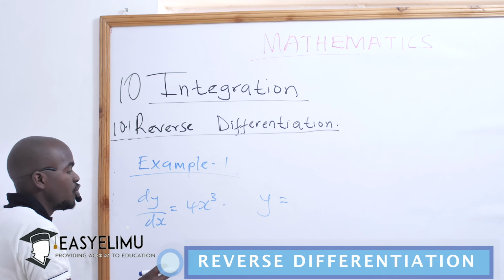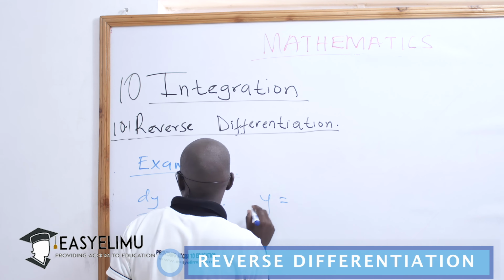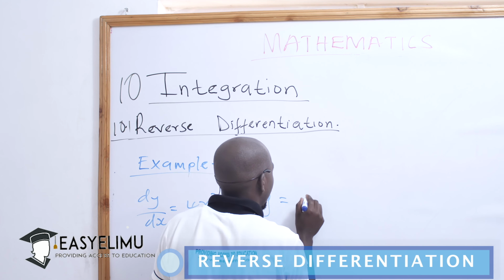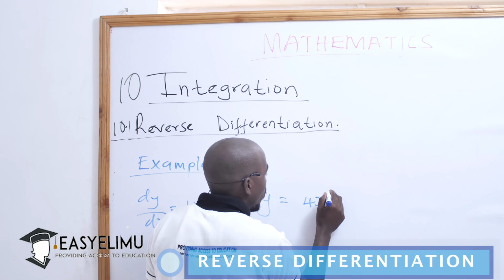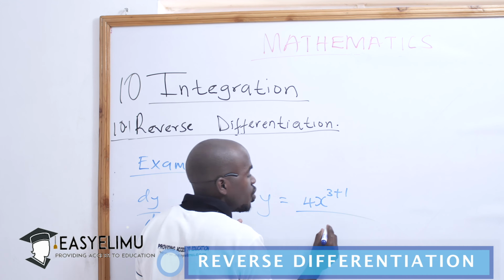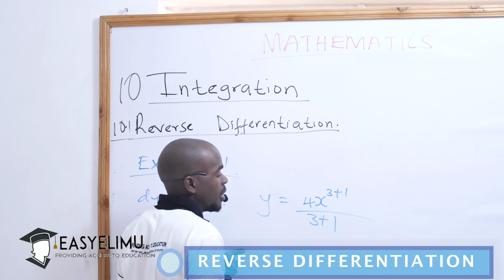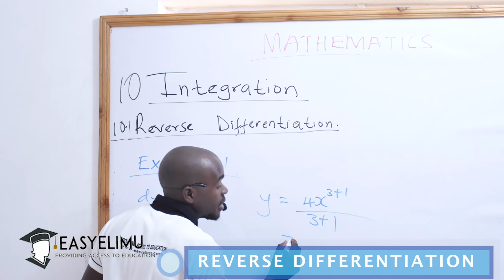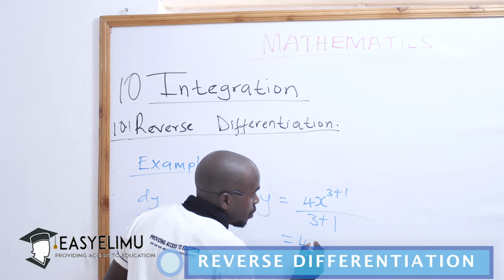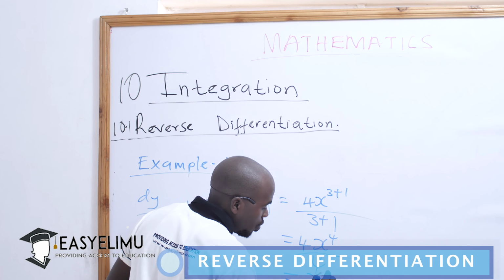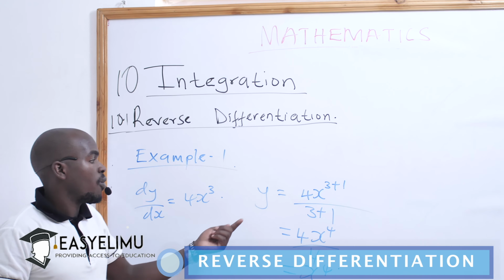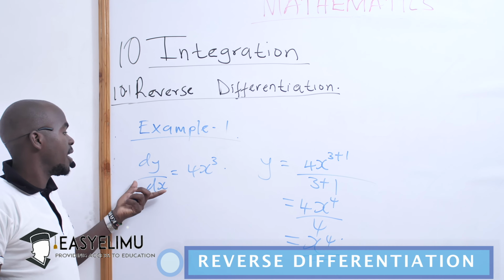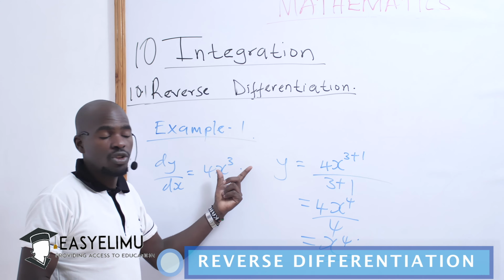But here, you take the function 4x as it is, but to the power you add 1, so 3 plus 1, then you divide by the new power. You get 4x raised to 4 over 4, which gives x raised to 4. This is the function whose gradient function is 4x cubed.